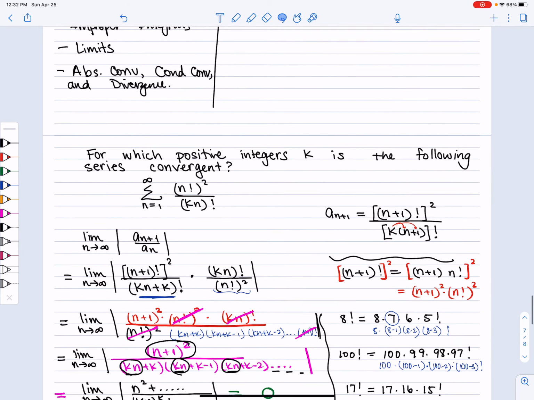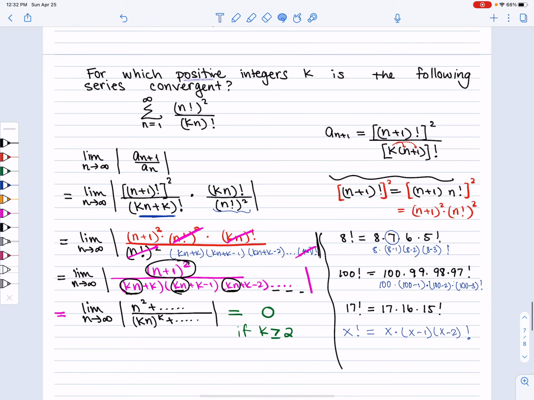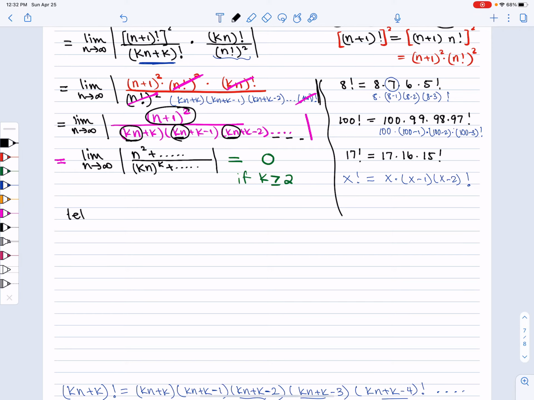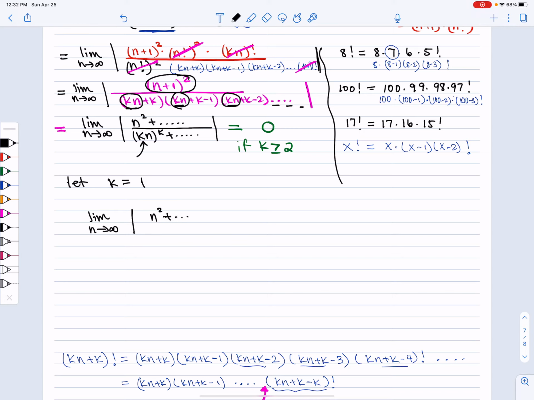So remember, the original problem says for which positive integers, right? So positive integers. Why don't we let k be equal to 1? If you let k be equal to 1, I'm just looking at the first terms here. We're going to have the limit as n approaches infinity of n squared plus something over n, because we have k equal to 1.